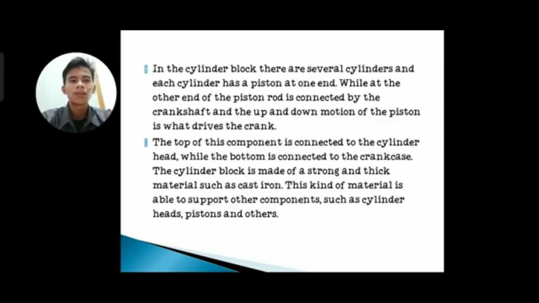The top of this component is connected to the cylinder head, while the bottom is connected to the crank. The cylinder block is made of a strong and thick material such as cast iron. The material is able to support other components such as the cylinder head, piston, and others.